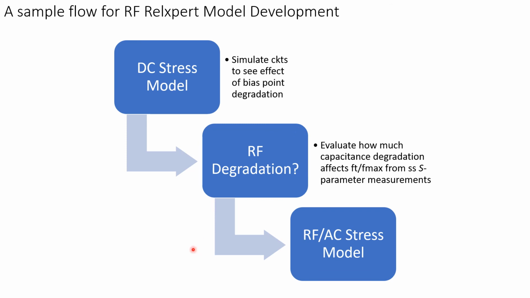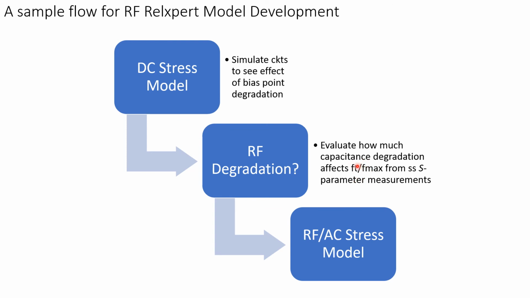However, the compact models don't take into consideration any formulation as such, let's say, of how much delta CGS or delta CGD there will be, and delta CGS and delta CGD will affect FT and Fmax. Why? Because FT is a function of GM, CGD, and CGS.